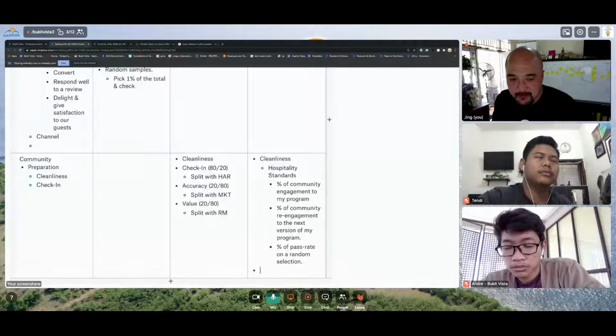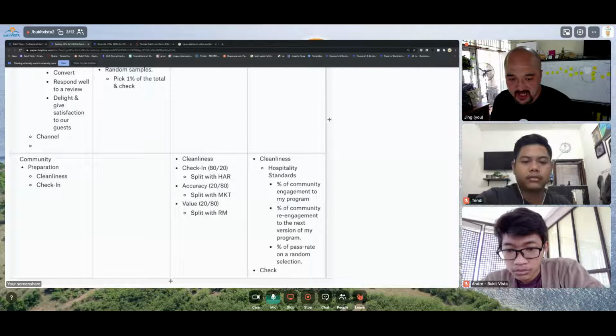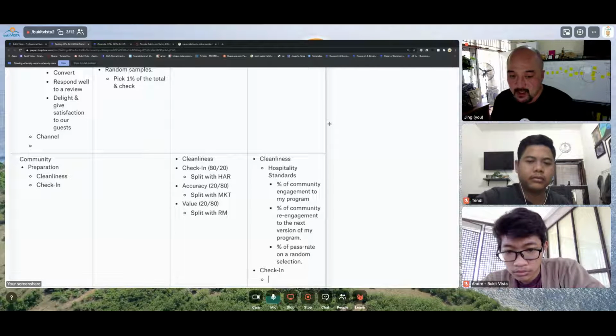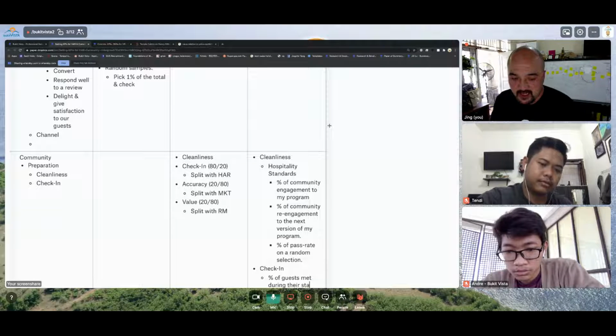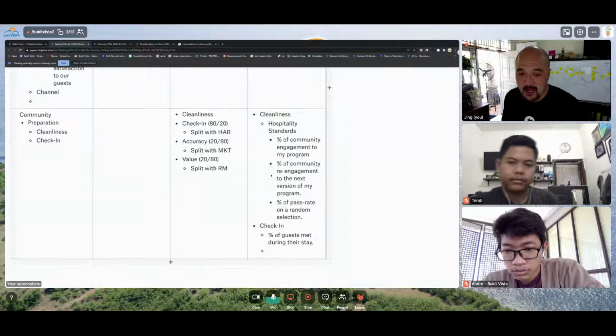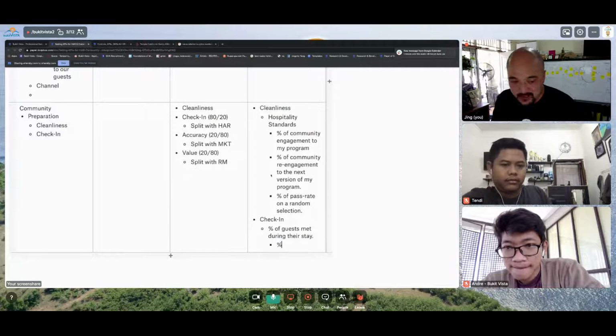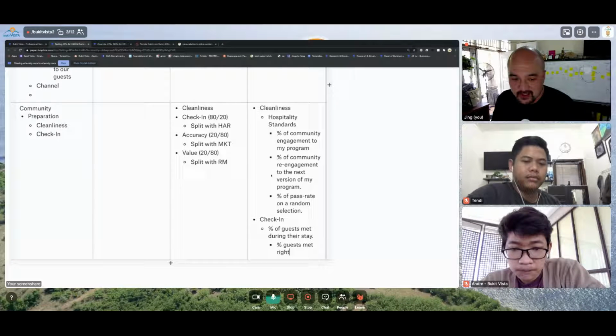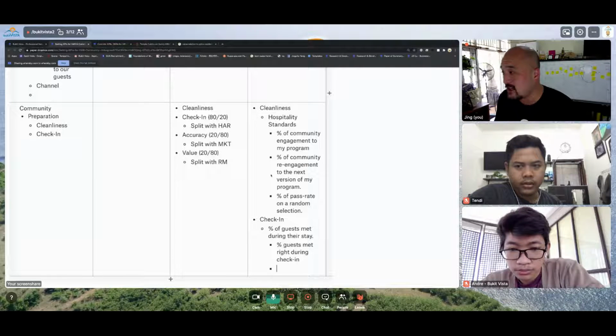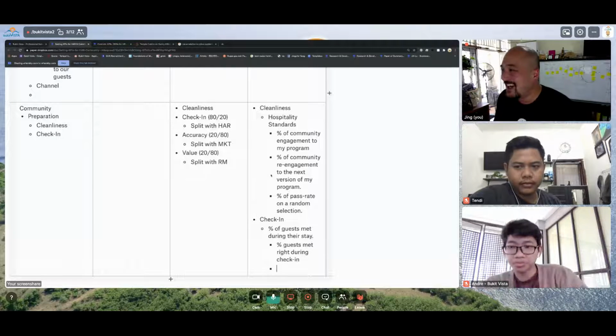Let's say, for example, maybe it's on check-ins. Check-ins are going bad. You could have a percentage of guests met during their stay. That could be a KPI. You can even break that KPI into percentage of guests met during check-in, because that's more impactful than coming in 2 days later and saying, "Hey, I'm your host."